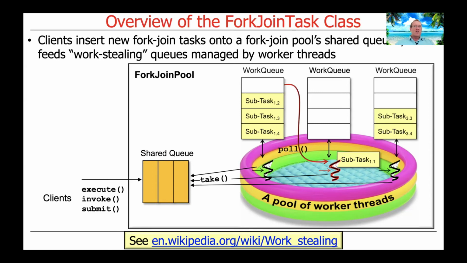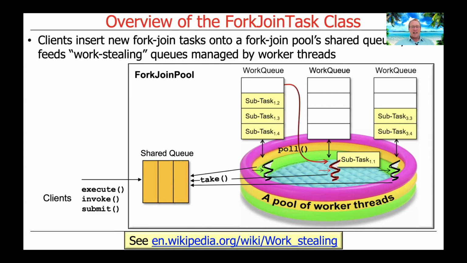And that shared queue is shared by all the worker threads in the ForkJoinPool. And those worker threads will look periodically at that queue, and if they see something in the queue, they will take the stuff from the queue and then start to do the processing. And once the ForkJoin task is in the ForkJoinPool, then all the cool magic happens. And we'll talk a lot more about what that magic involves.